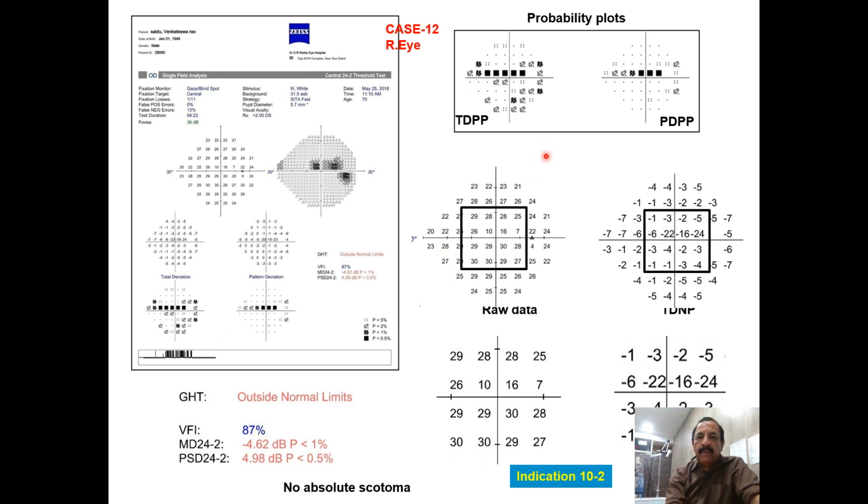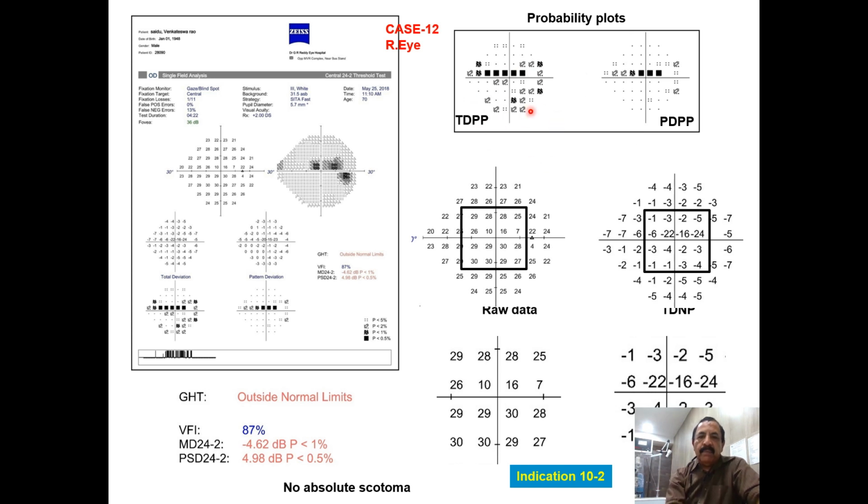The probability plots are showing a few significant scotomas with p-values, and when analyzed, the depth of the scotoma is corresponding to 22 and 16, and the deep scotomas are on the 3-degree point. That means the glaucoma started within 10 degrees and it is progressing outwards.